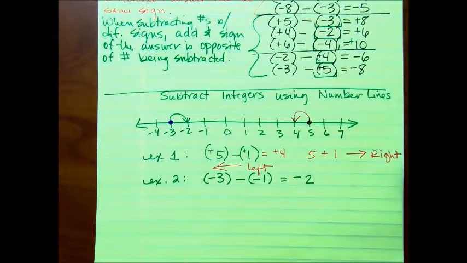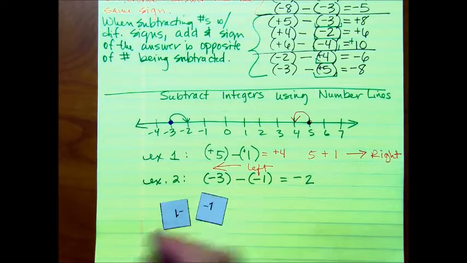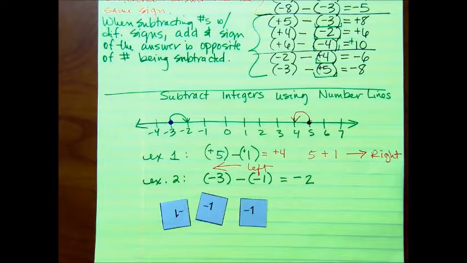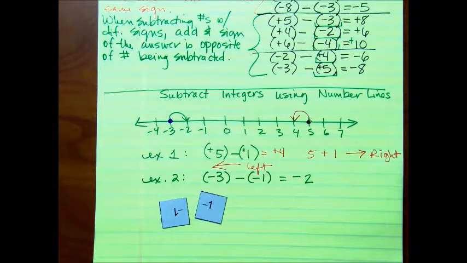Okay, negative 3, take away negative 1. And again, I'm just going to throw on some tiles here because I think this really helps you visualize it. Here we have negative 3 tiles. I'm going to take away negative 1. I'm left with negative 2.